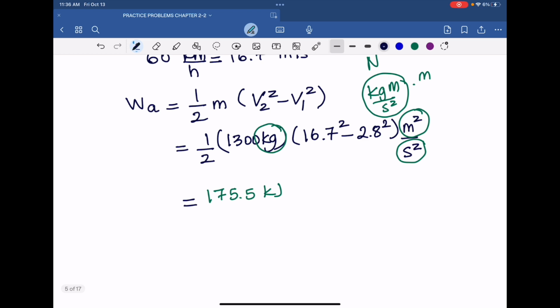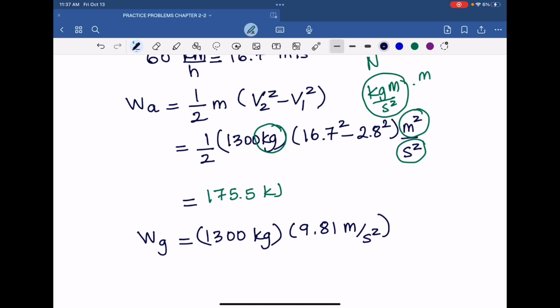Now let's find also the work we do to raise an object, which is its potential energy change. Mass is 1300 kilogram times gravitational acceleration meter per second squared, and our change in height is 40 meters. And then of course dividing this by 1000 also, because the unit is Newton times meter, joules.